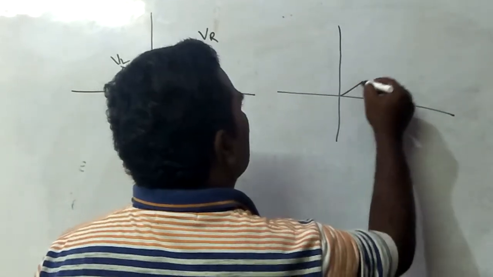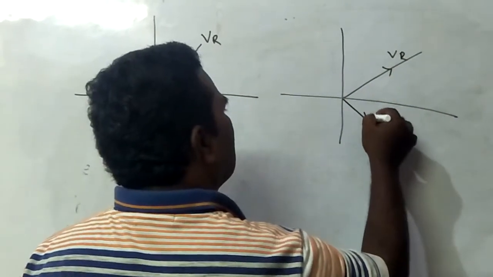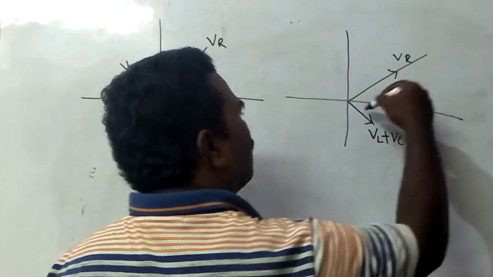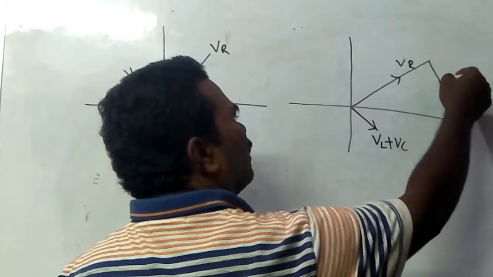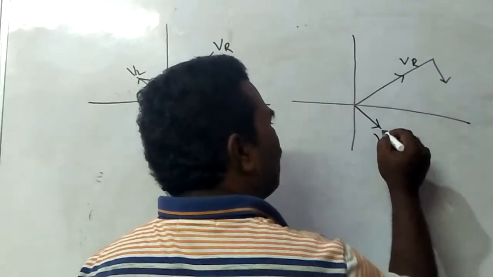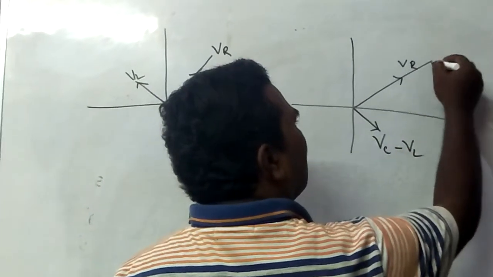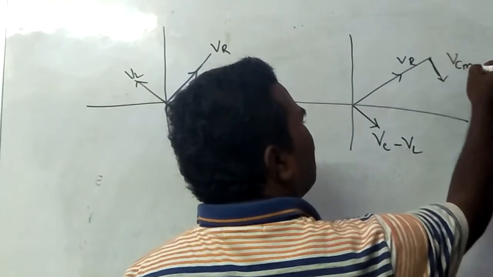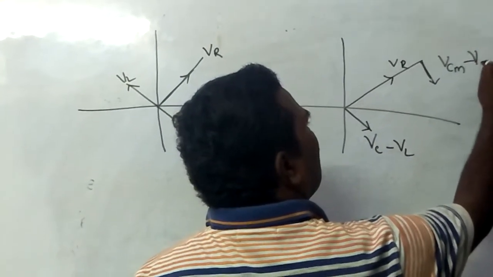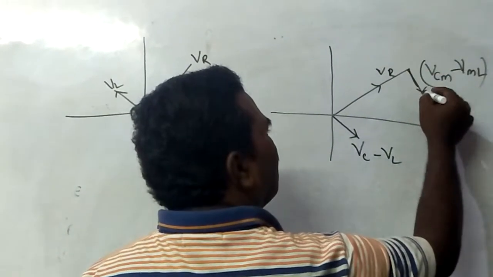This is VR, and this is VL plus VC. Draw parallel here. Actually VC is more and VL is less, so magnitude-wise we write VC minus VL. The length of this line will represent VCM minus VLM, and the length of this line will represent VMR.